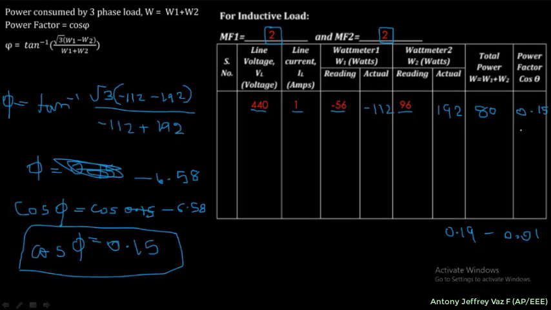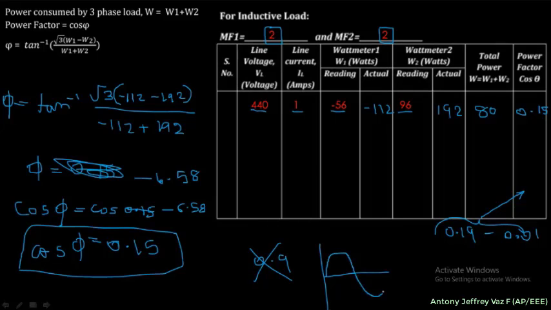This range should be present in this tabular column. Other than these ranges, if you get a 0.9 in this tabular column, then it is wrong.